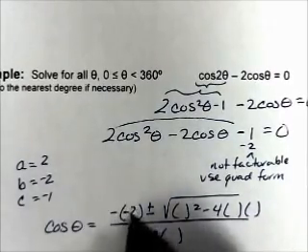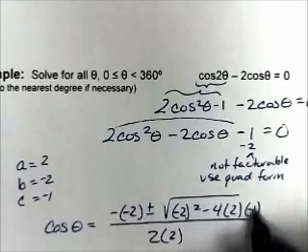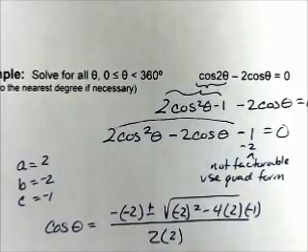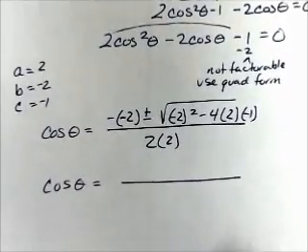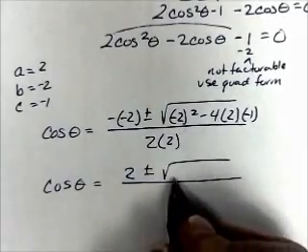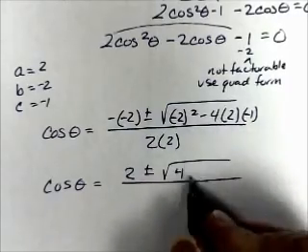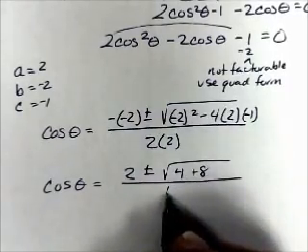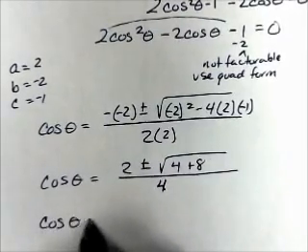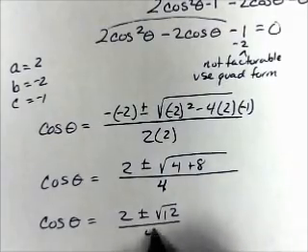And b is negative 2, a is 2, and c negative 1. So cosine of theta equals 2 plus or minus the square root of 4, double negative is going to be plus 8, over 4. So the cosine of theta equals 2 plus or minus the square root of 12 all over 4.